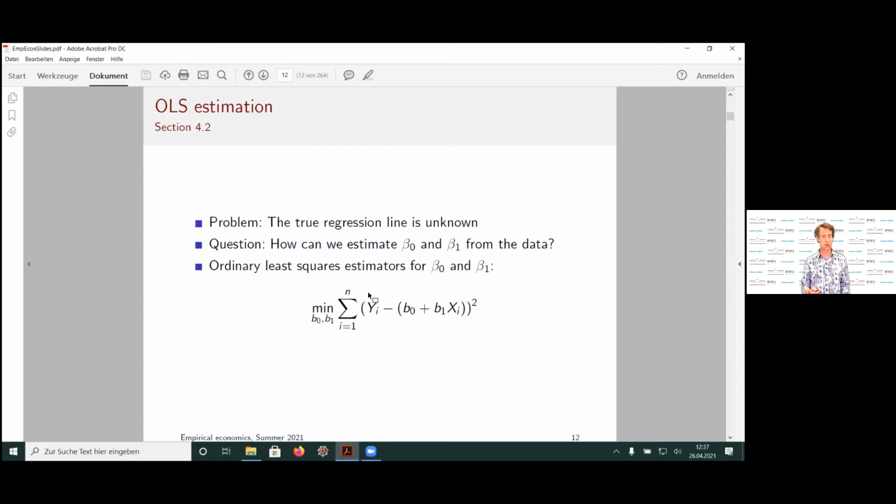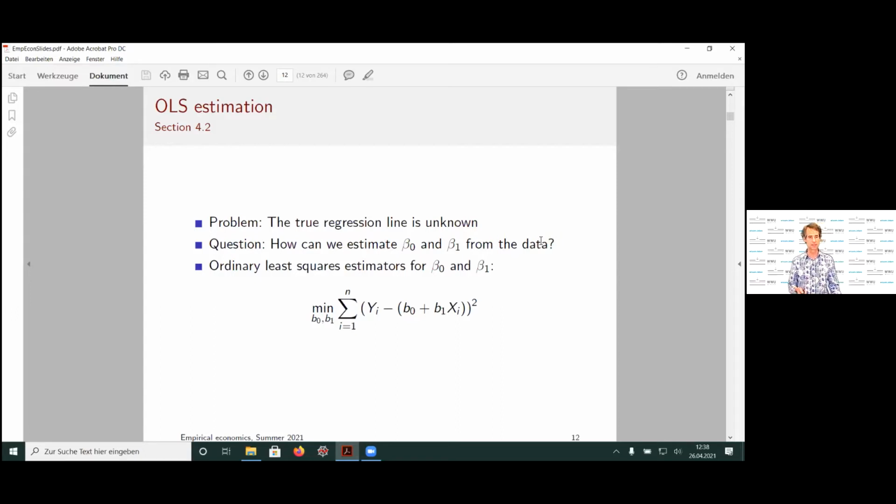How bad is it for a school district to have very large classes? So we are really, from a policy point of view, interested in beta 1. But since we do not know the true regression line, we do not have information about beta 1. So the question is, how can we estimate beta naught and in particular beta 1 from the data?